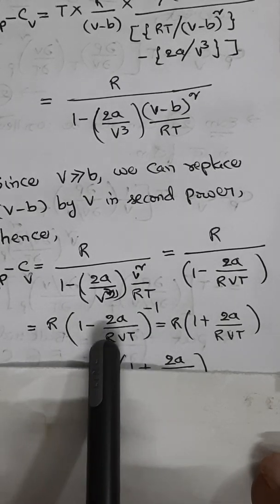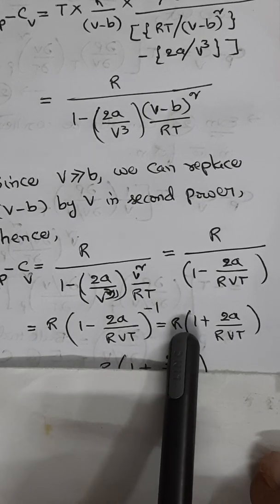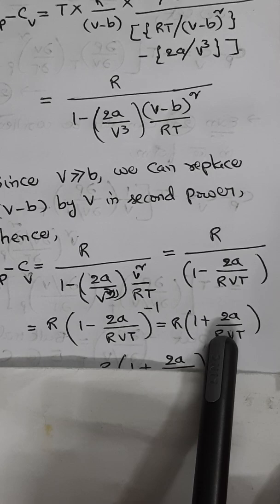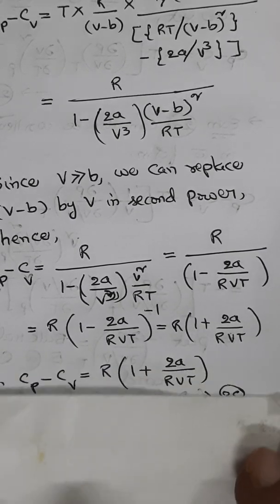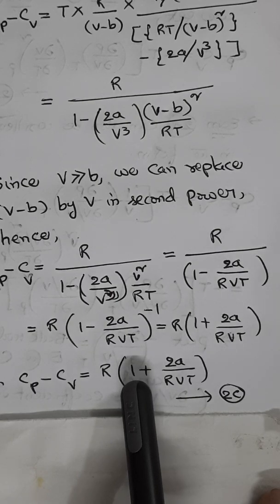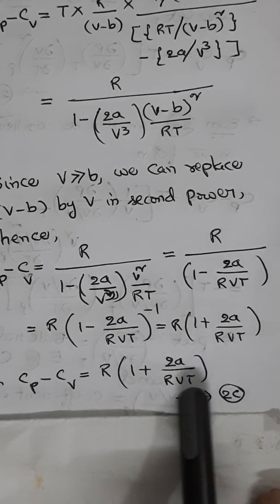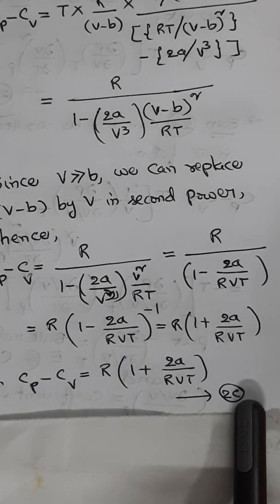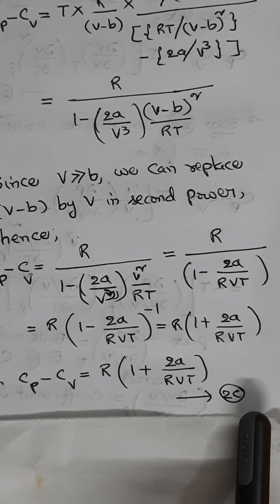This whole power minus 1 you can readjust as R into (1 plus 2A by RVT). So therefore Cp minus Cv is equal to R into (1 plus 2A by RVT). Let it be equation 2c. This is Mayer's relation for the van der Waals gas equation.